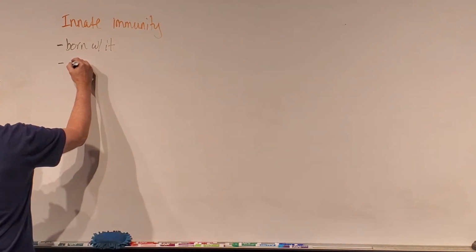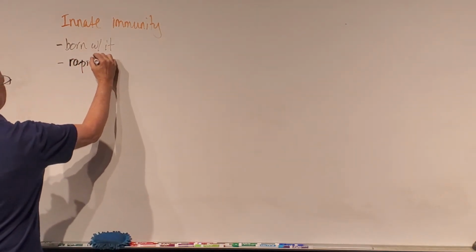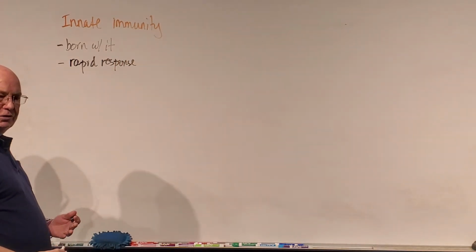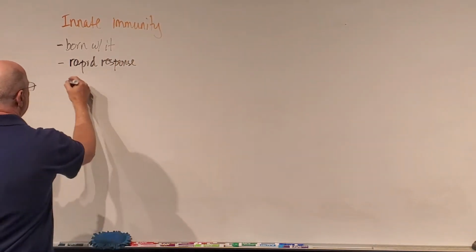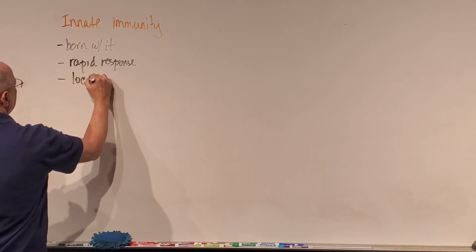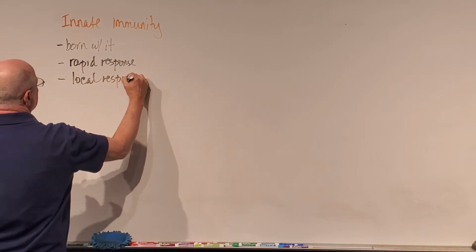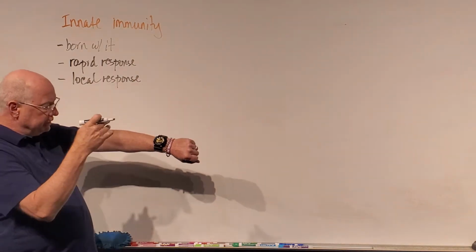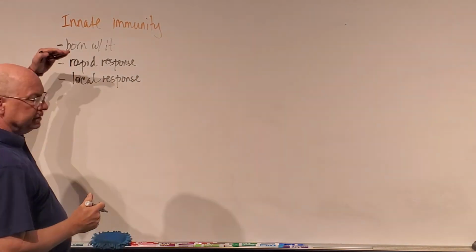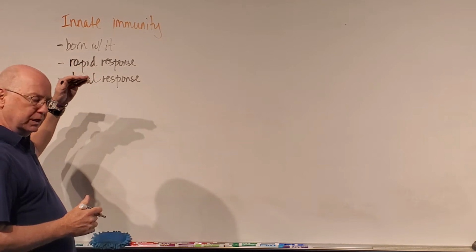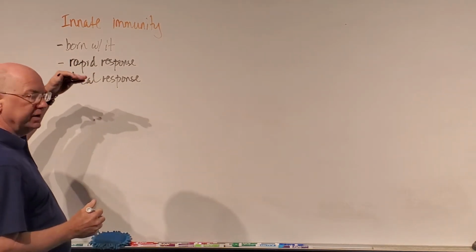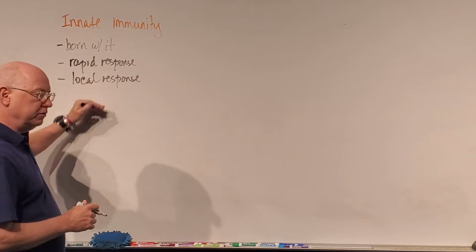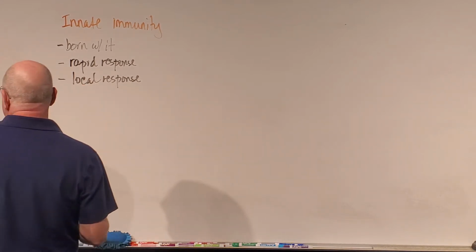They provide a rapid response to a pathogen. That rapid response is usually a local response. It's at the site of infection. So if you get a cut in your skin and some bacteria gets in, then you have some white blood cells, and certain ones, which we'll name in a minute, that will immediately attack it in that location, and that's about it.